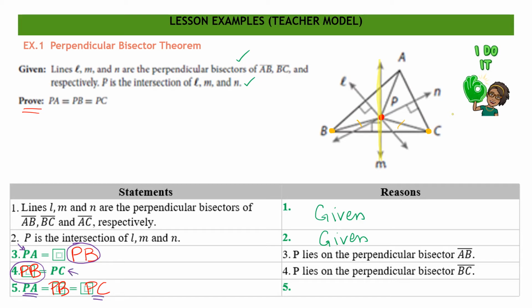That tells me that the reason PA is equal to PB is equal to PC is the transitive property of equality. So now we've proven why the circumcenter P is equally distant to all of the vertices of the triangle, which proves the perpendicular bisector theorem.